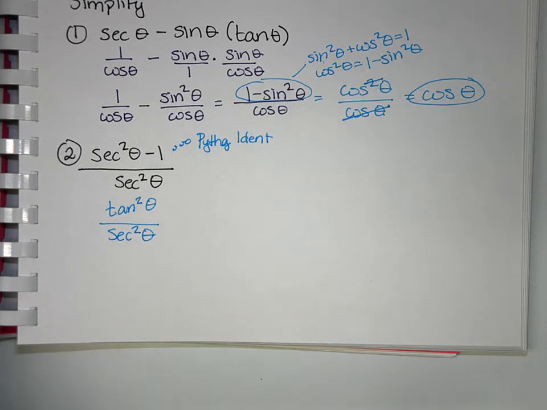Now from here, let's see, what can we try? We can't really factor, we don't have anything to multiply, we don't have anything being added or subtracted anymore, we don't have complex fractions. Okay, I'm just going to try doing everything to sine and cosine.